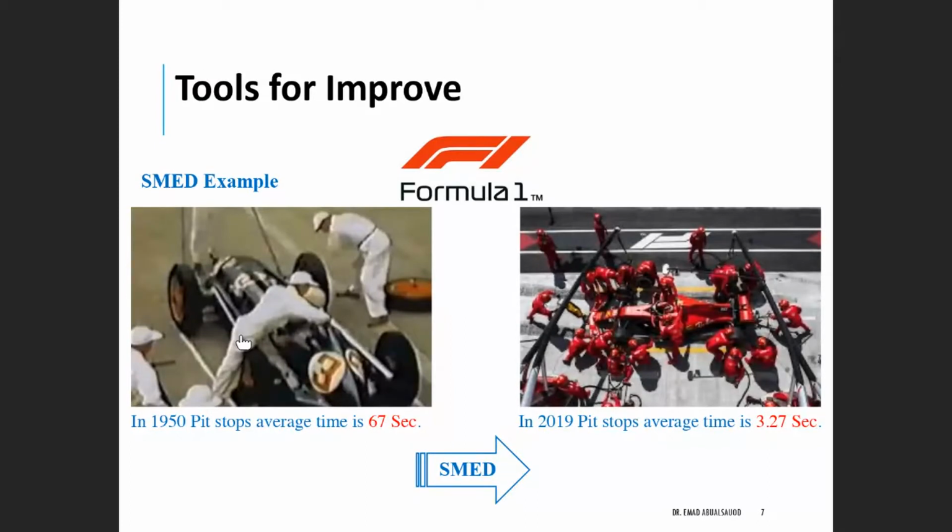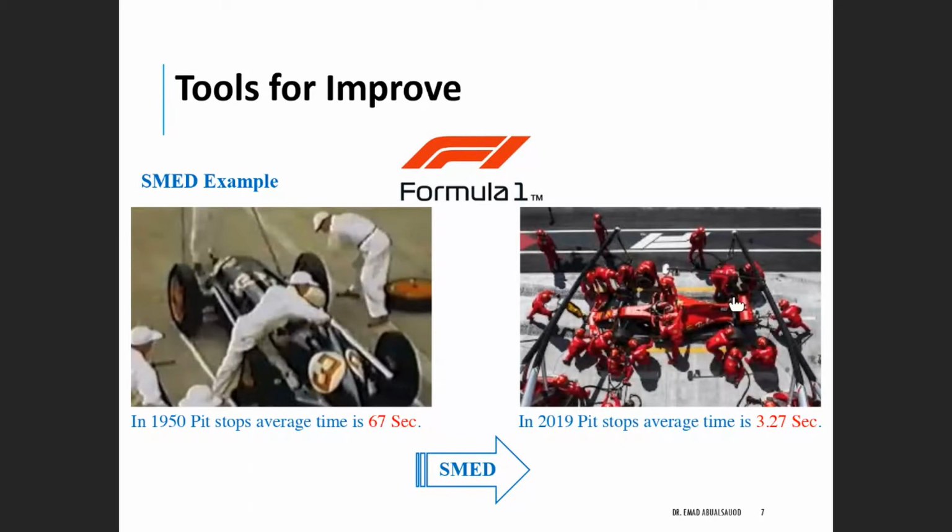What we are trying to compare with, in 2019, if you look, even the number of people working on the car is more than double, and eventually the average time went from 67 seconds to 3.27 seconds. So that's more than 100% improvement in the utilization and the efficiency.